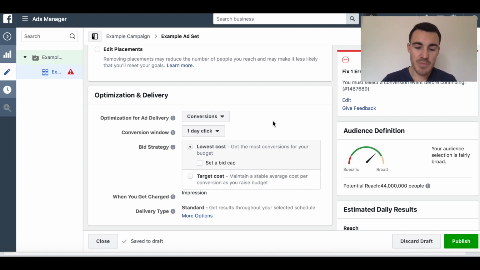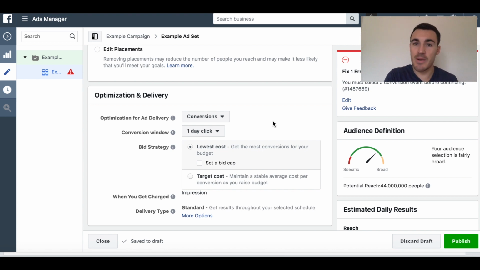But Facebook has now become so sophisticated at working out who within your target audience is most likely to take your desired action, in this case make a purchase, that what they'll often do is find the absolute best prospects that are most likely to buy. They will serve your ads to them for the first 3 or 4 days, a week, something like that. And then once those people have been advertised to, they have to put your ads in front of prospects who are still very good, but not quite as good as those first ones.